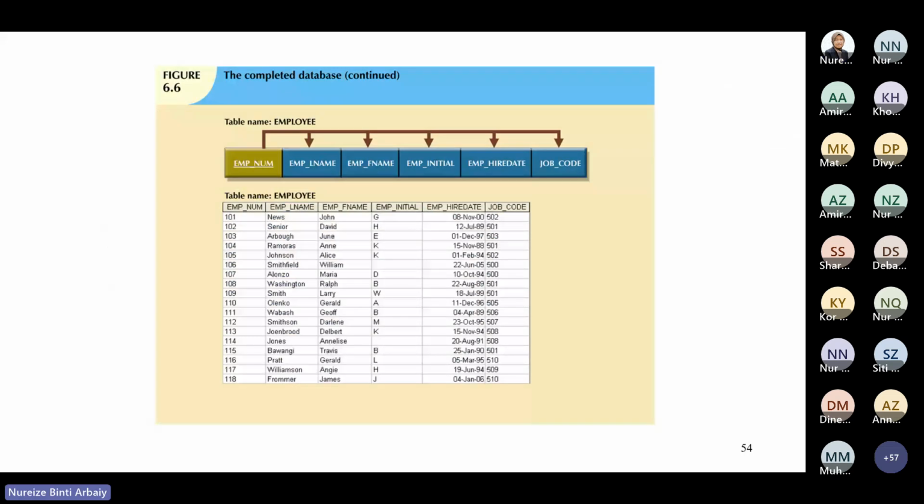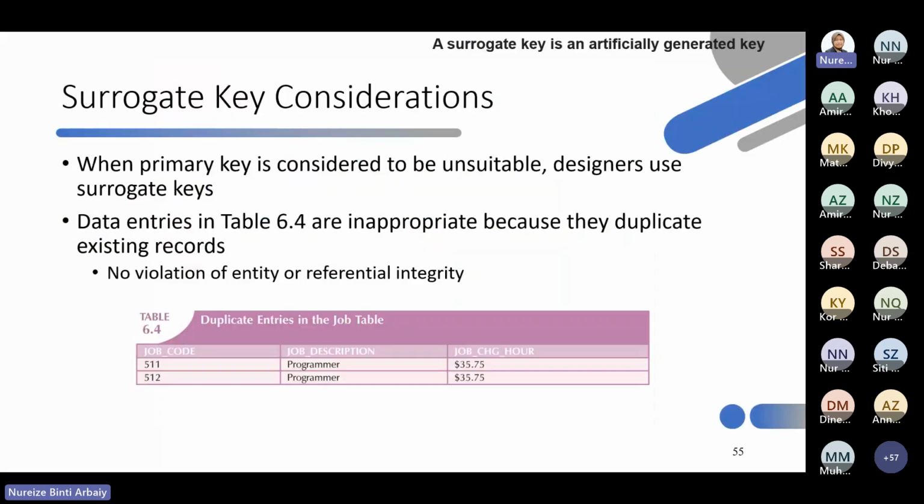This one is the completed database. This is another exercise. So surrogate key consideration: a surrogate key is an artificially generated key. When a primary key is considered not necessary, not suitable, designers can use surrogate keys.